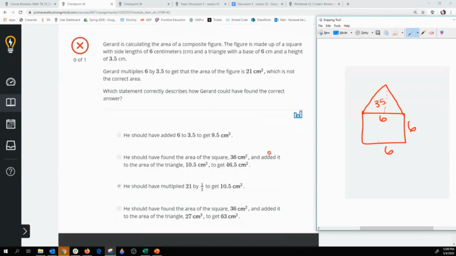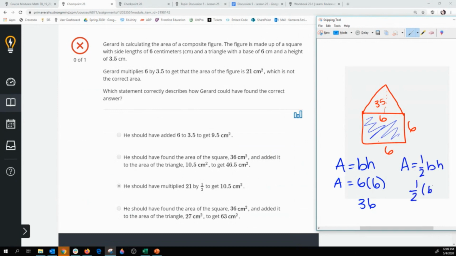Well, he needs to first find the area of this square on the bottom, right? The area of my square is my base times height. And since it's a square, I should multiply the same number twice, because squares have all of the same sides. So 6 times 6 would give me 36. And then I'd need to find the area of my triangle, which is 1/2 base times height. So I would have 1/2 times 6 times 3.5. And we can pop that into a calculator.